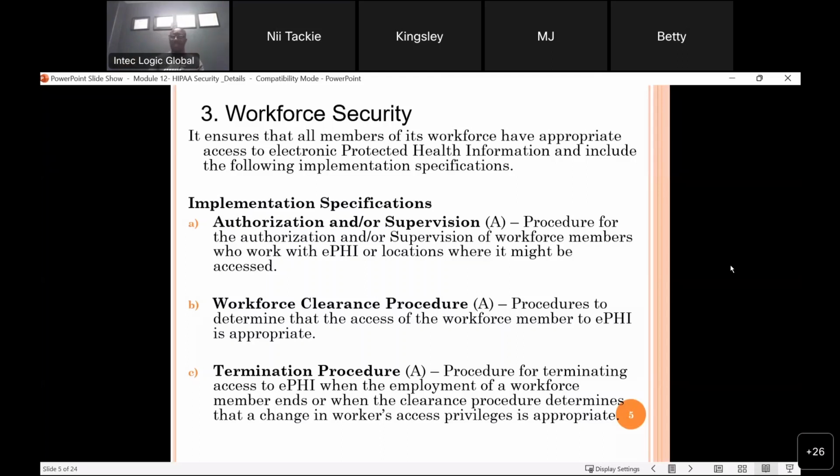You shouldn't have access to A, B. Or sometimes you switch jobs. You used to be maybe a nurse, and now a nurse practitioner. You shouldn't have the same access as a nurse and also the same access as a nurse practitioner. You need to be able to elevate their access and make sure that you get the right access.